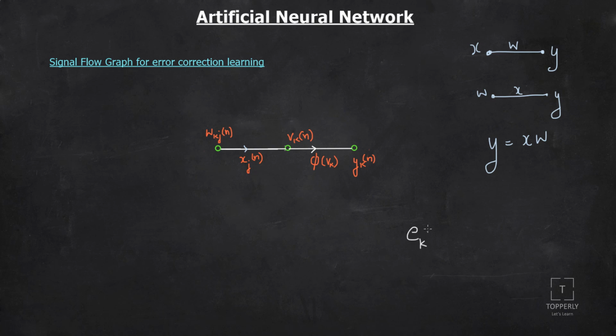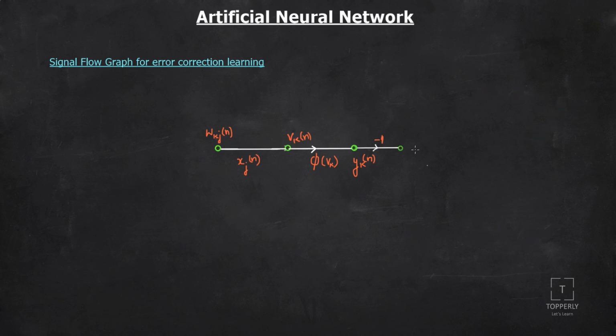Now the first thing we have to generate is the error signal ek of n, which is dk of n minus yk of n, right? For that, I will update the signal flow graph in such a way that I will take another node which is fed from the output yk of n and is multiplied by minus 1.